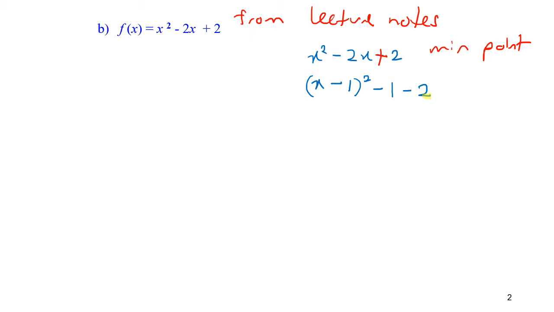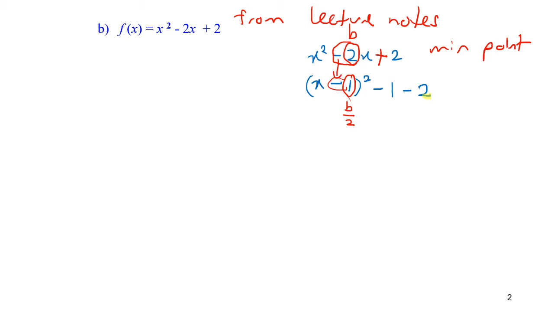What will happen here is the value of b is actually negative, include the negative. The value of b we divide by 2, so it becomes 1. Here 1 is actually b over 2, and we follow the same negative sign here. Don't forget to put the bracket and the square after that.